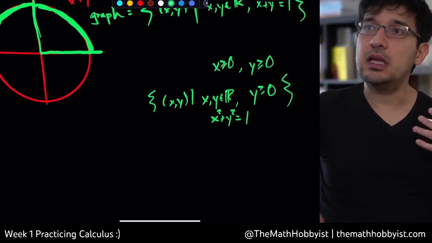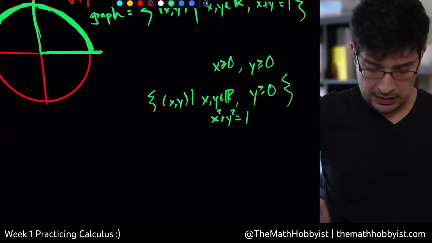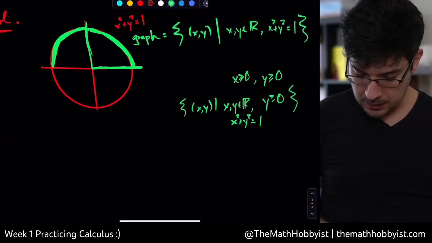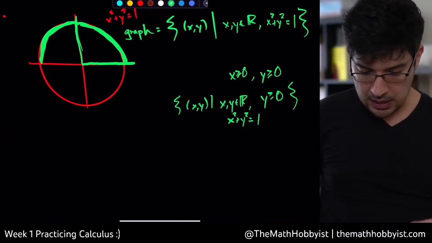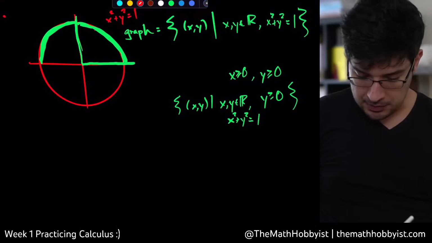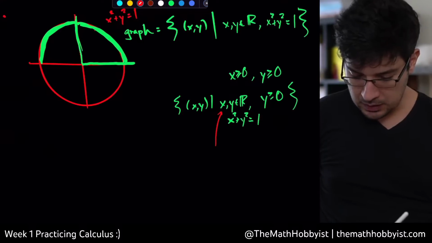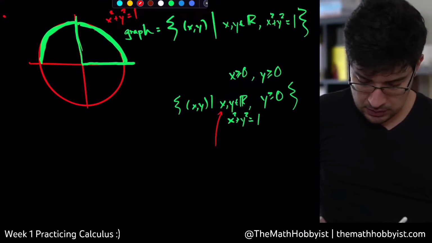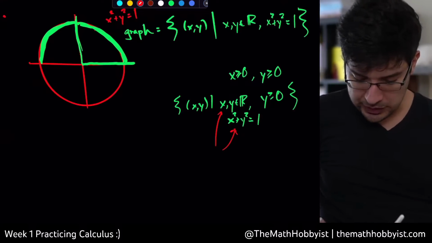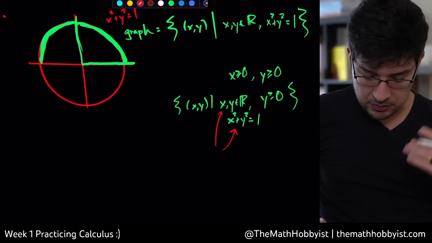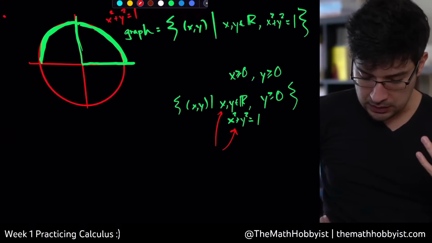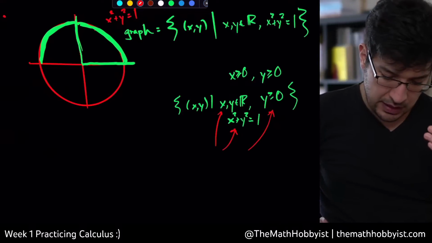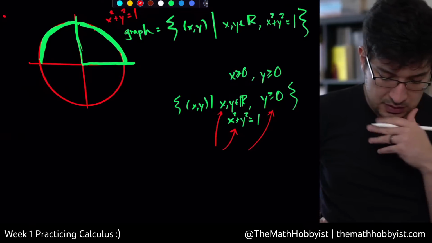Okay, this, I think, is still technically rigorous, but there are some problems. Here I'm saying that x and y can be any number in R, and here I'm restricting it to x squared plus y squared equals 1. And here I have this extra restriction that y is greater than or equal to 0.